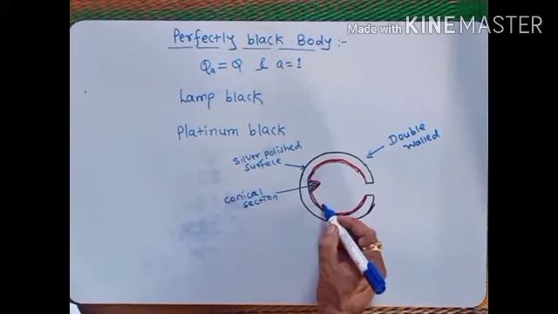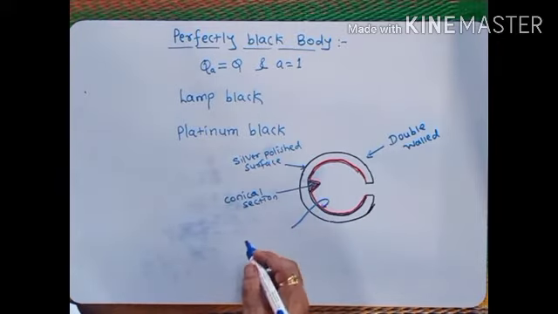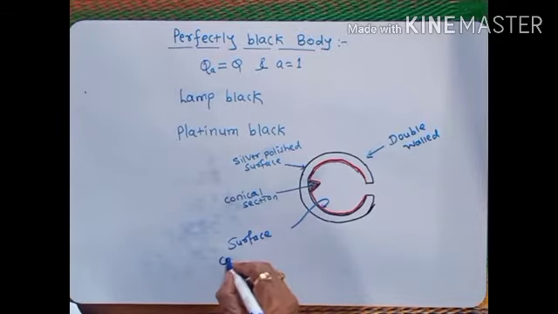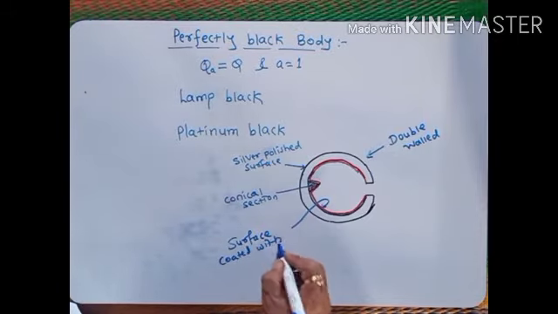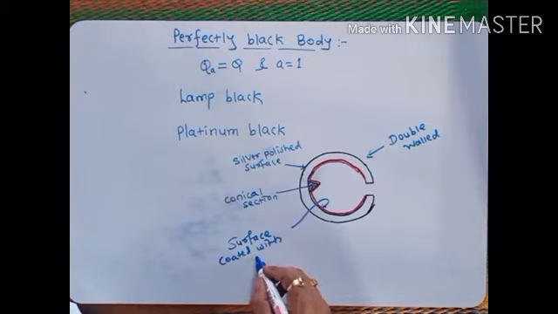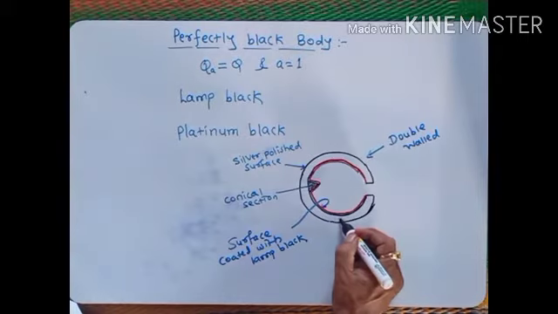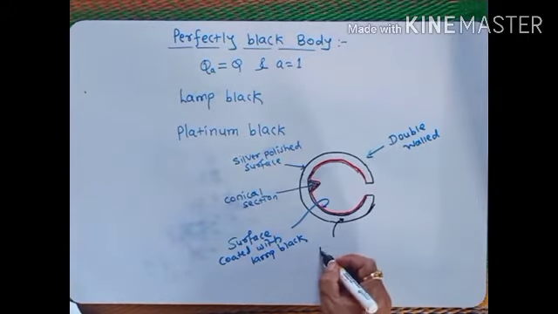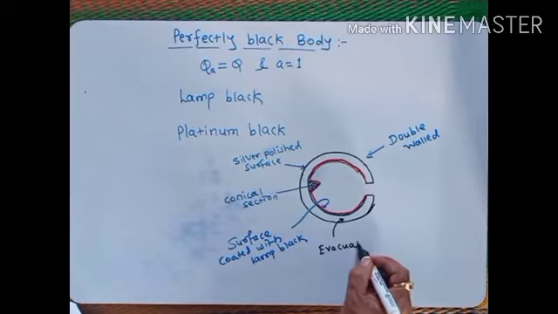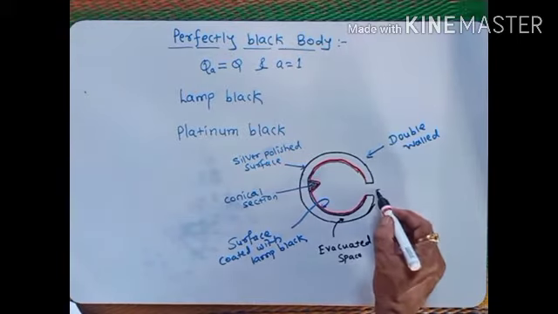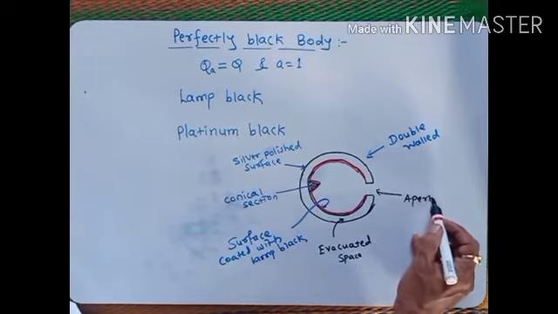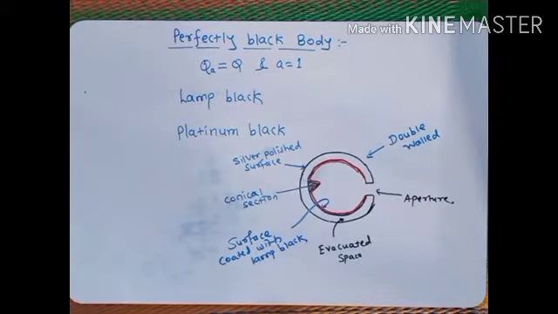This is the surface coated with lamp black, this is the evacuated space, and this is the aperture. These are some sections of this sphere.